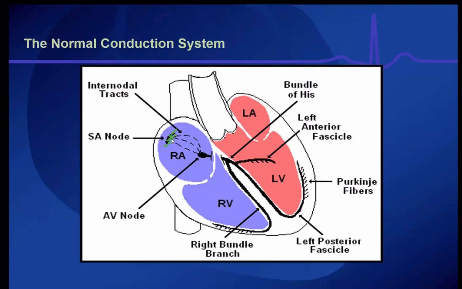The sinoatrial node is the normal pacemaker of the heart. It discharges impulses at a rate from 60 to 100 beats per minute. So anything below 60 is called bradycardia or sinus bradycardia, and anything above 100 is called tachycardia.